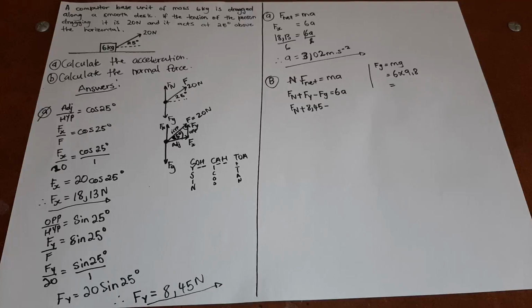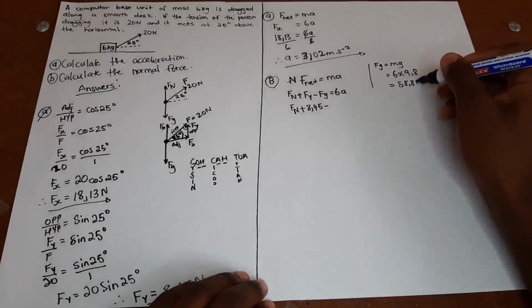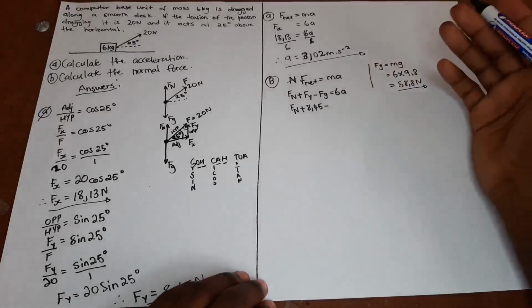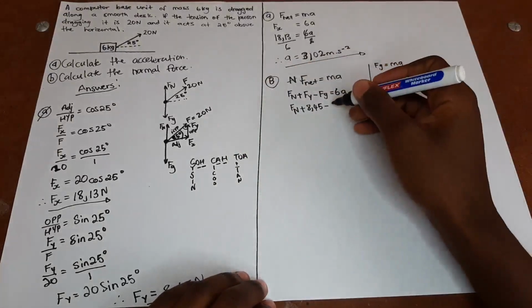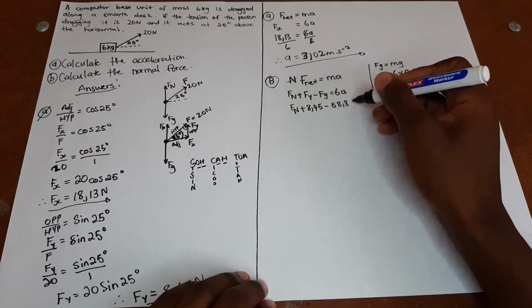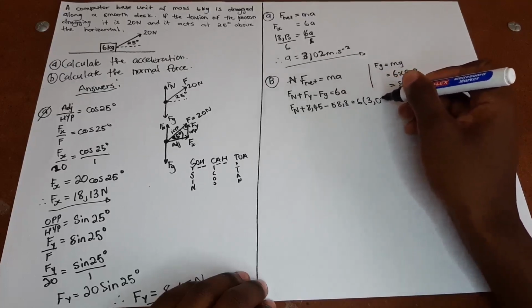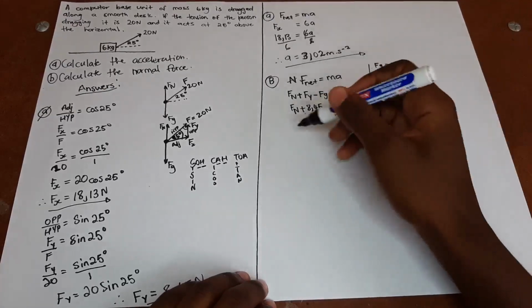So 6 multiplied by 9,8 gives us 58,8 newtons. That's the gravity acting on that 6 kg block.